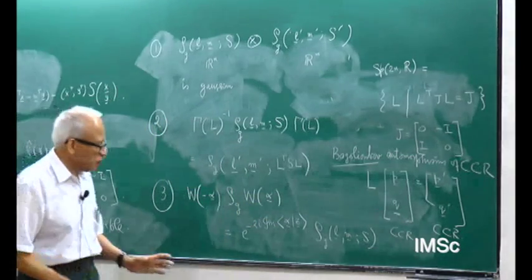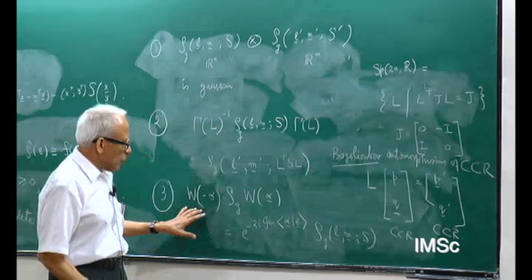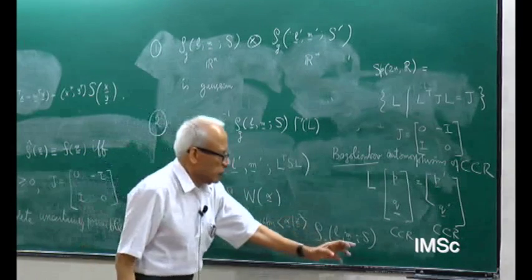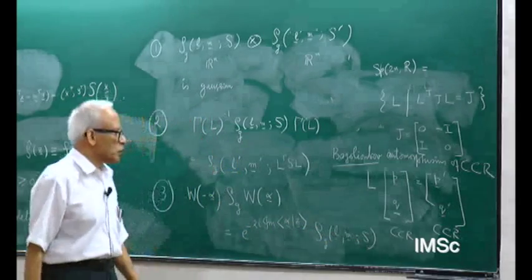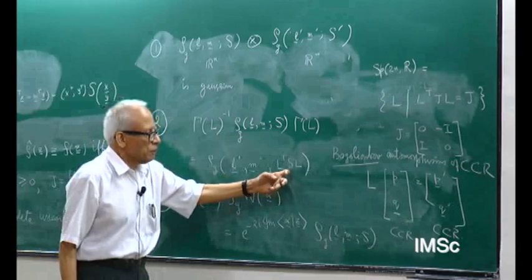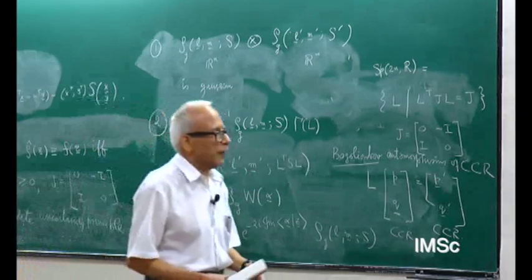So it will only shift the mean. The Weyl operators conjugation shifts the mean only, they don't touch the covariance operator, whereas gamma L changes the covariance operator in this way.